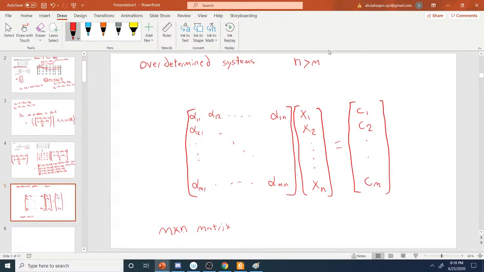So here's the key feature of the system. There are more variables than equations.